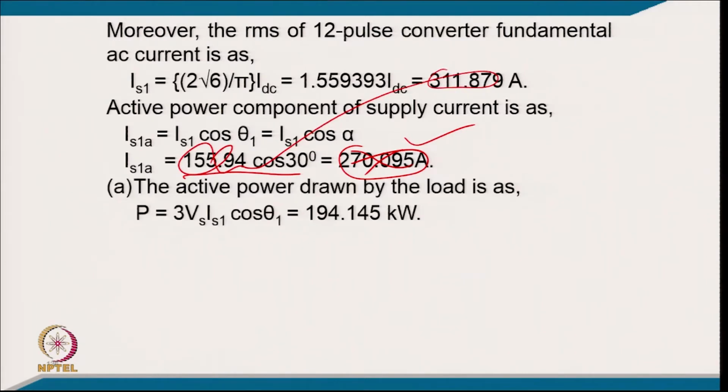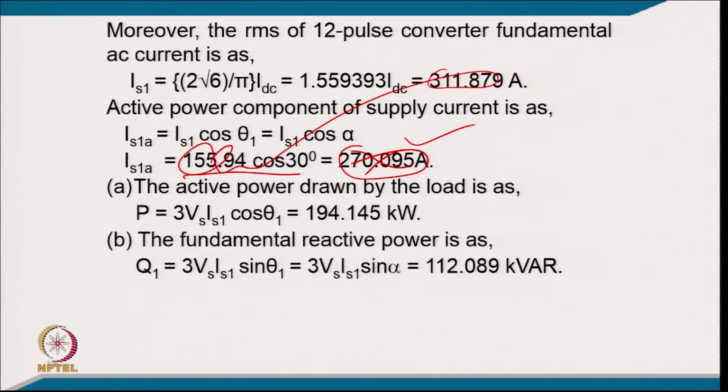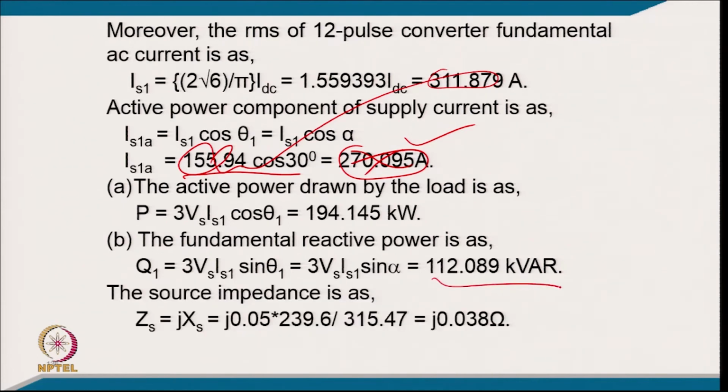It comes like 270.095 ampere, and the active power drawn by the load will be P equal to 3 Vs1 Is1 into cos theta 1. So, it comes 194.145 kilowatt, and the fundamental reactive power will be 3 Vs Is1 sin theta. So, putting the value it comes 112.089 kVAr, and the source impedance is ZXH, 5% of the base impedance.